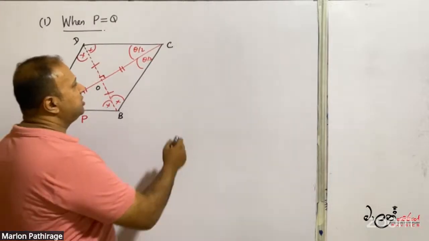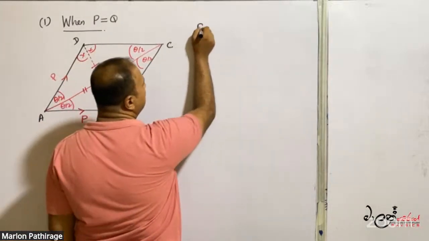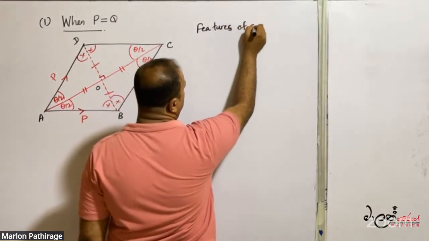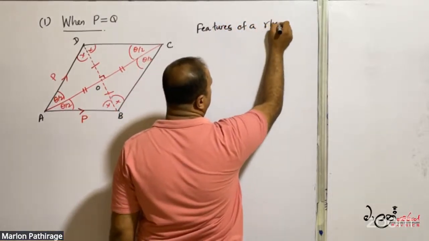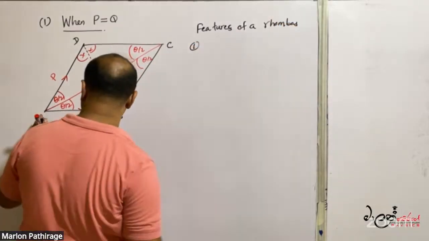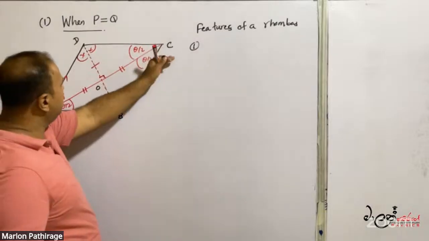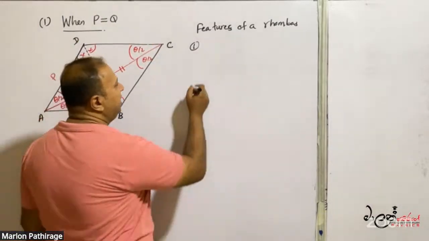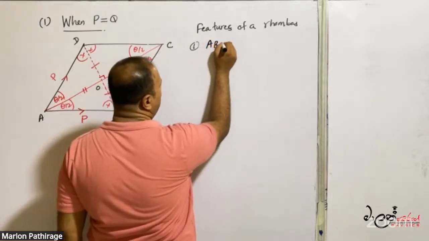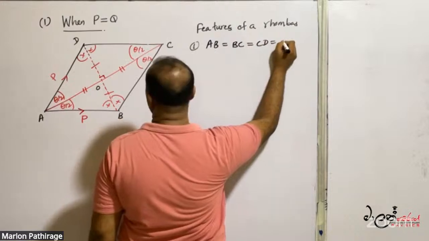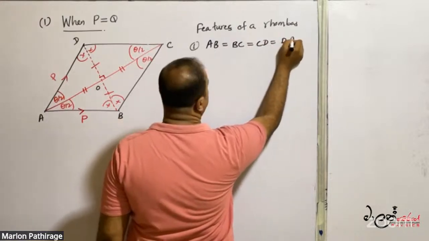Therefore, features of rhombus. Number one, AB, BC, CD, DA are all equal in length. Therefore, AB equal BC equal CD equal DA.